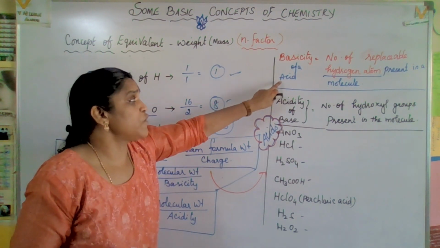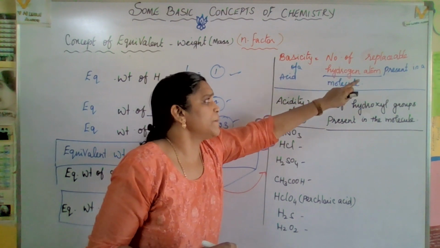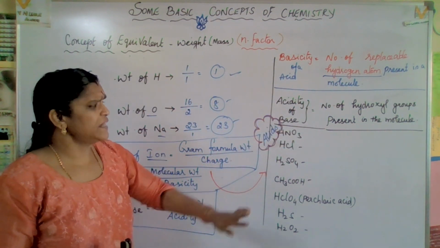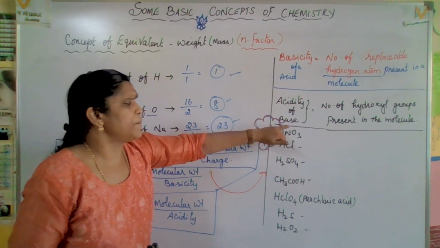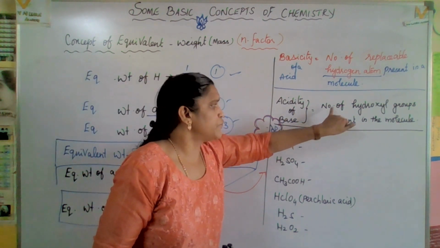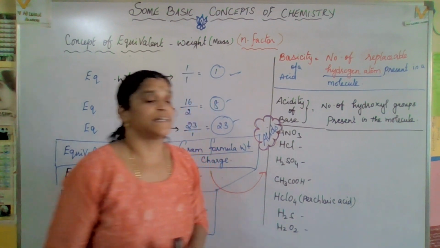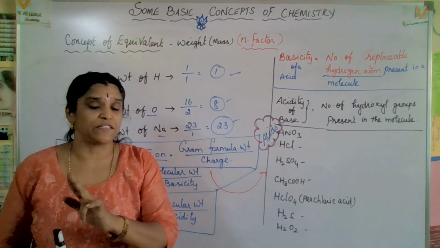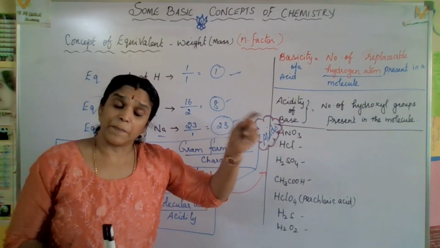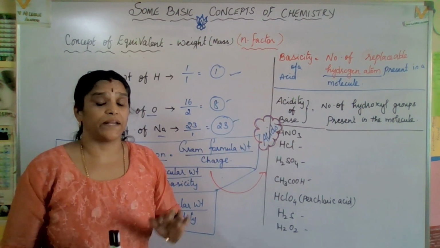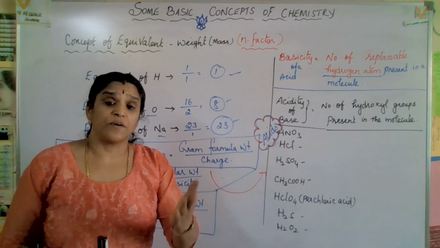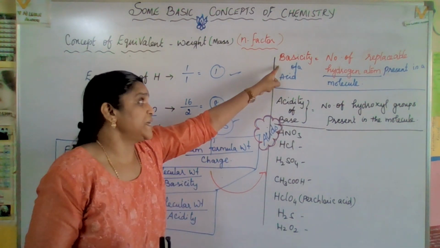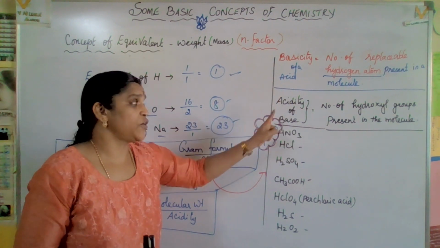In the same way, acidity of a base is equal to the number of hydroxyl groups present in a molecule. Hope you got a clear idea. H plus and OH minus: H plus represents the acidic point, and OH represents the basic point. Hope you got a clear idea about basicity of an acid and acidity of a base.